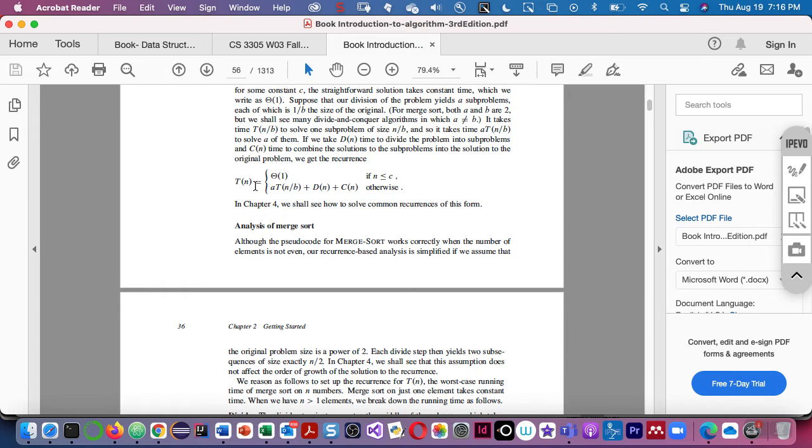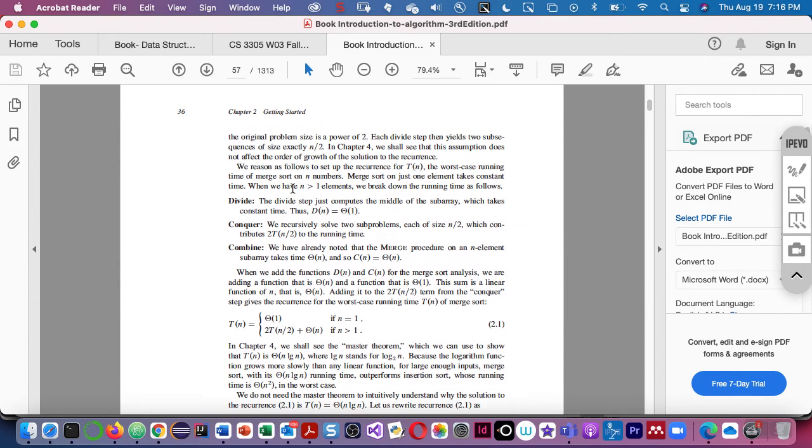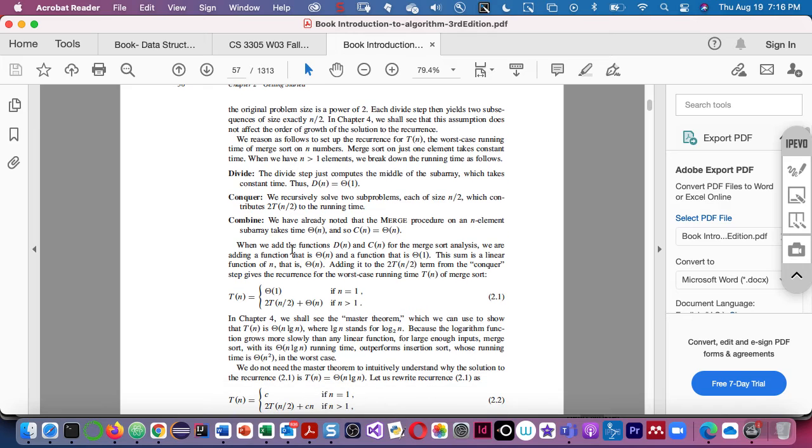That means, for instance, for the divide and conquer method, we are splitting our data set into half every time. So this 2 is making it half. How many parts are we taking? 2 pieces, right?